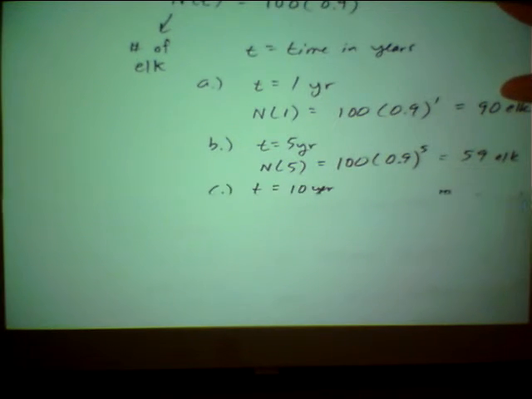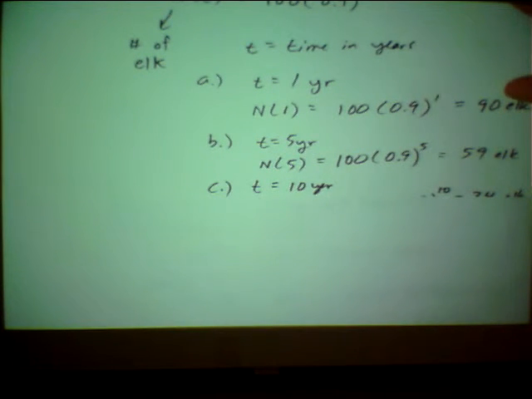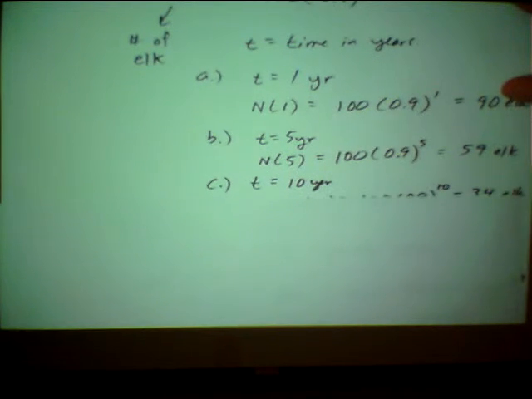Then finally, they ask how many elk would be left after 10 years. So you simply take your equation, set t equal to 10, grab your calculator, crunch the numbers, and you're left with 34 elk. So really not a very hard problem.